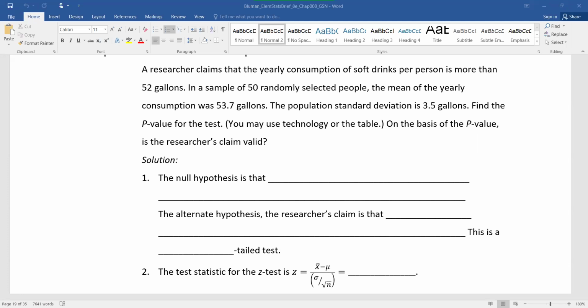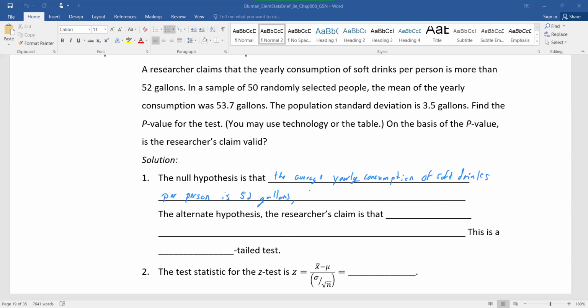So anything along the lines of: the null hypothesis is that the average yearly consumption of soft drinks per person is 52 gallons.